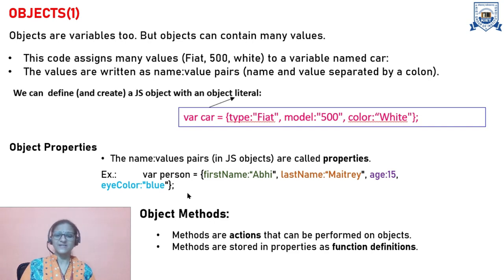So this complete pair is called a property of the object. An object has methods along with these properties. Methods decide the behavior. Methods decide the actions that can be performed on objects. So methods are stored in properties as function definitions. So the function decides the action that can be performed on the object.